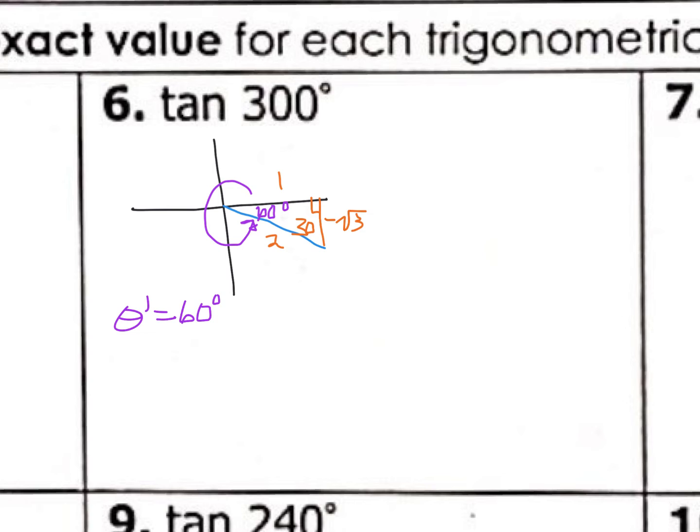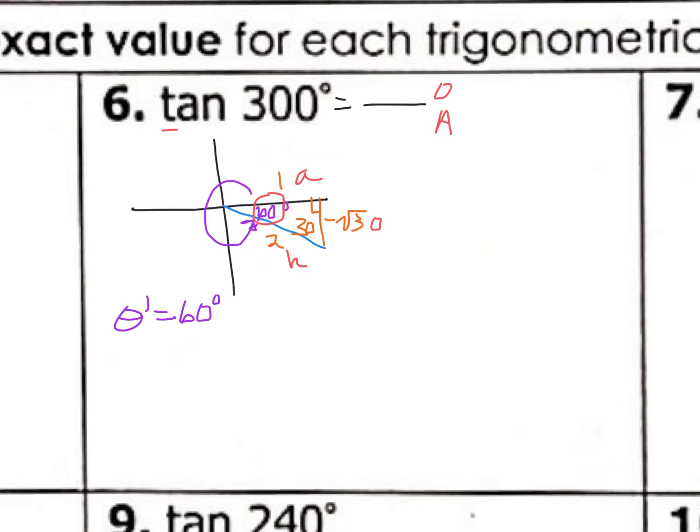And then I'm just going to start to abbreviate my opposite, adjacent, hypotenuse. So according to my angle of reference, which is 60, this is side opposite, this is side adjacent, and this is my hypotenuse. So tangent of 300 degrees is equal to, and I am tripping on acid.